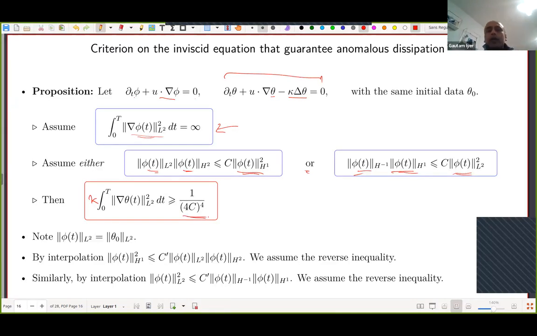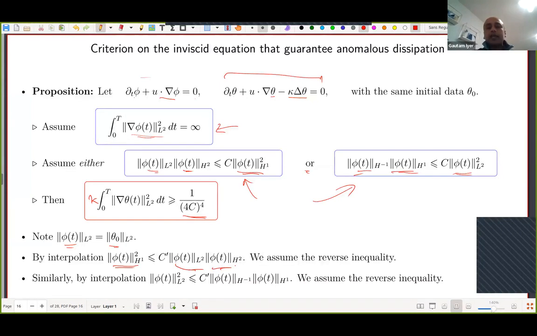Let me comment on both these assumptions. Notice that for this inviscid equation, the L2 norm is conserved. So the L2 norm of phi at time t is the L2 norm of phi at time 0. By interpolation, the H1 norm square is bounded above by the L2 norm times the H2 norm.